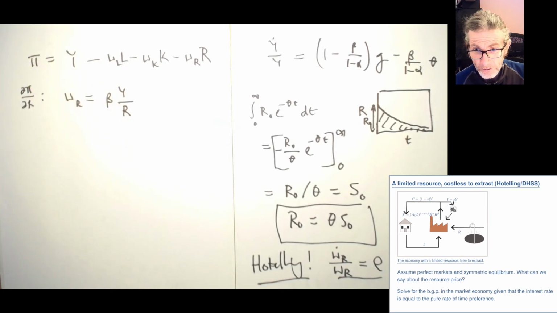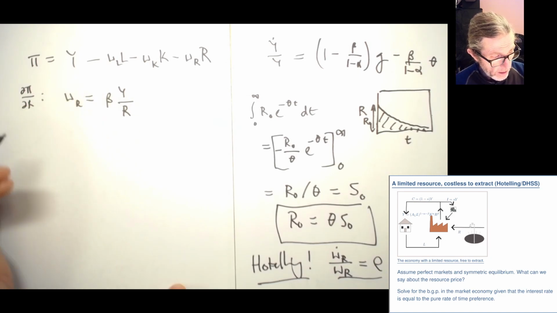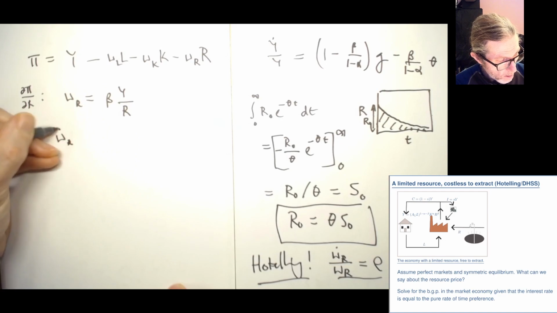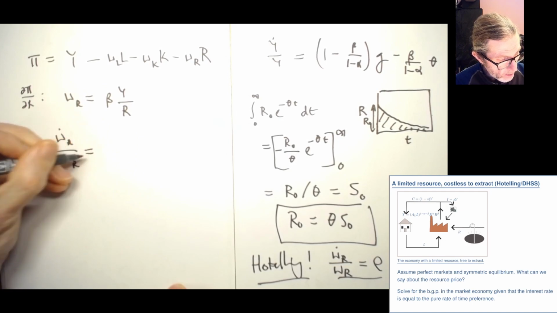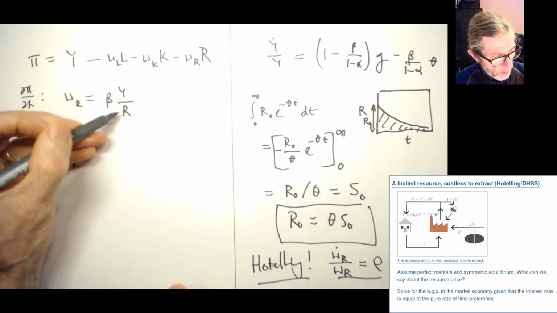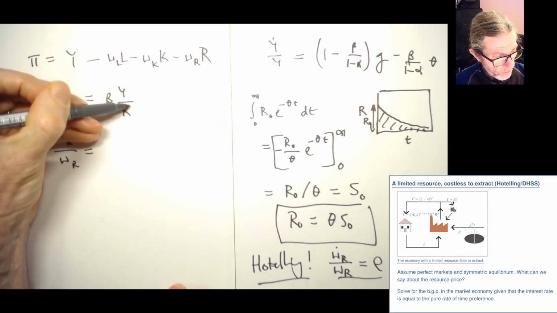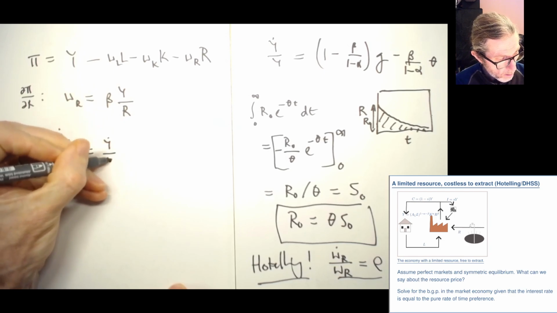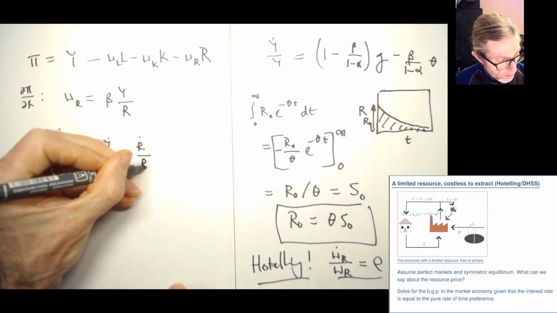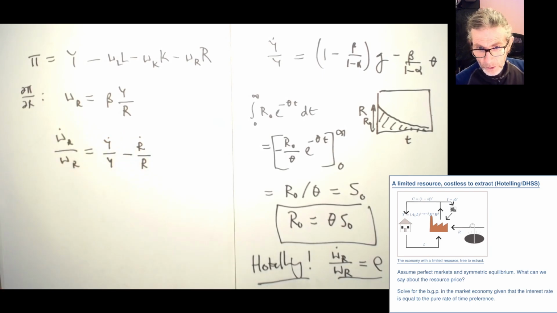Okay, so far so good, but the expression we had was for the growth rate of WR. Well, then we need to differentiate this with respect to time, don't we? WR dot over WR is Y dot over Y minus R dot over R, because these exponents are both 1. But minus R dot over R, well, we know that it's theta, right? And actually the whole point is we want to find what theta is going to be.